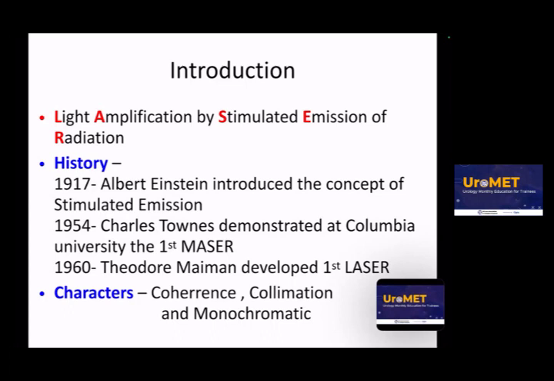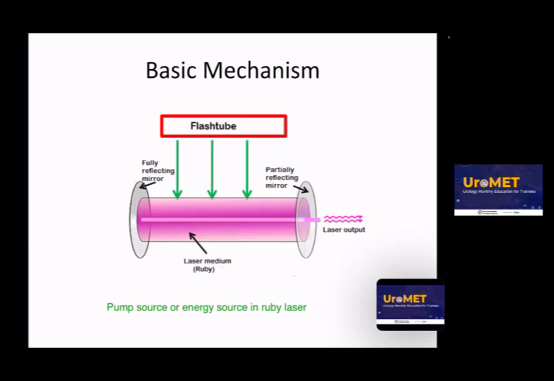Then this is the basic mechanism. There is a gain medium. This gain medium can be gas, liquid, solid, or semiconductor material, like a diode. And there is an external energy source. It can be electrical or light or whatever.